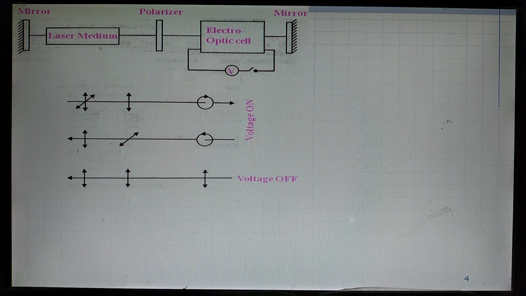The direction of polarization of the light is now at 90 degrees with respect to its original direction of polarization and the transmission axis of the polarizer. This light is not allowed to pass through the polarizer. Therefore, light does not come back to the laser rod and the cavity is switched off.